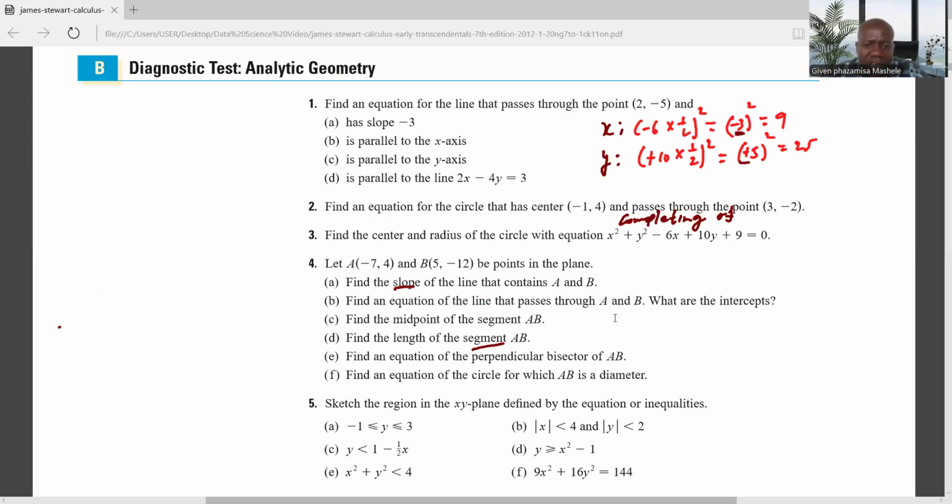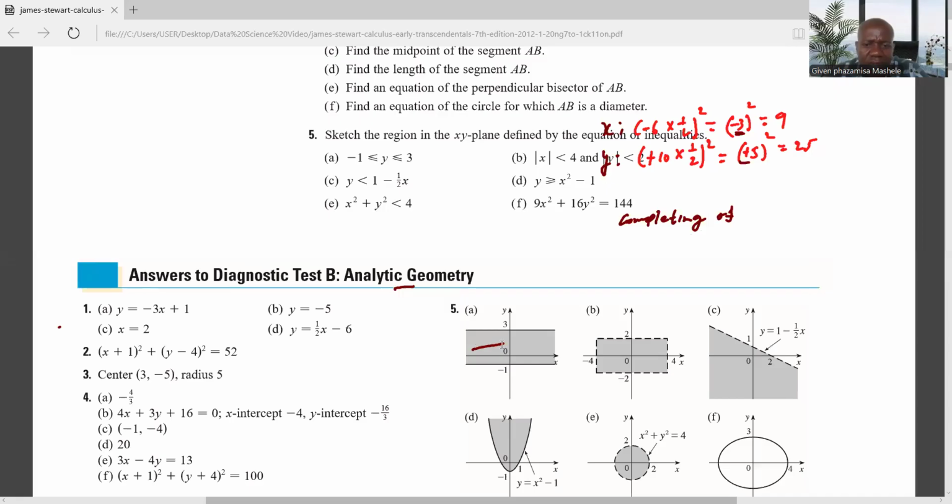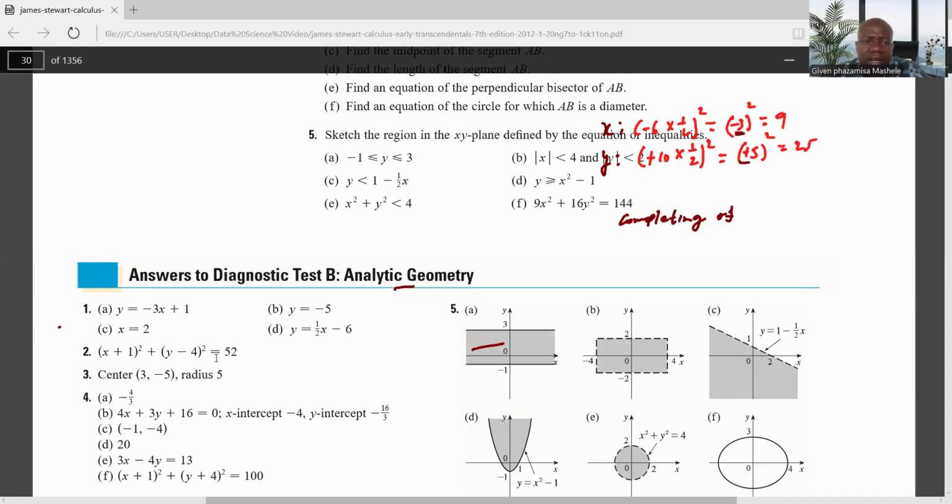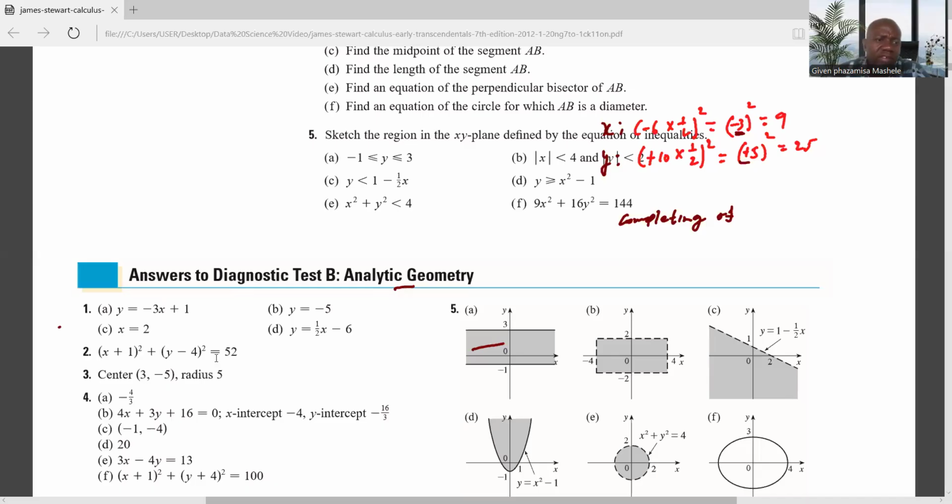This is just an example. We got the center to be 3 and -5. It's not about cram, pass, and forget, guys. You need to be able to find the 3 and -5 and the radius of 5. You still have to know these things just for your own good.